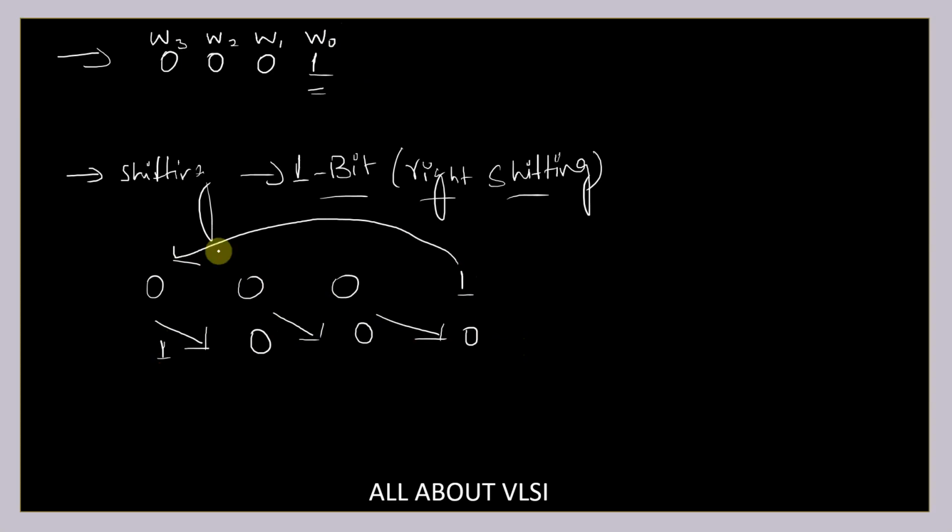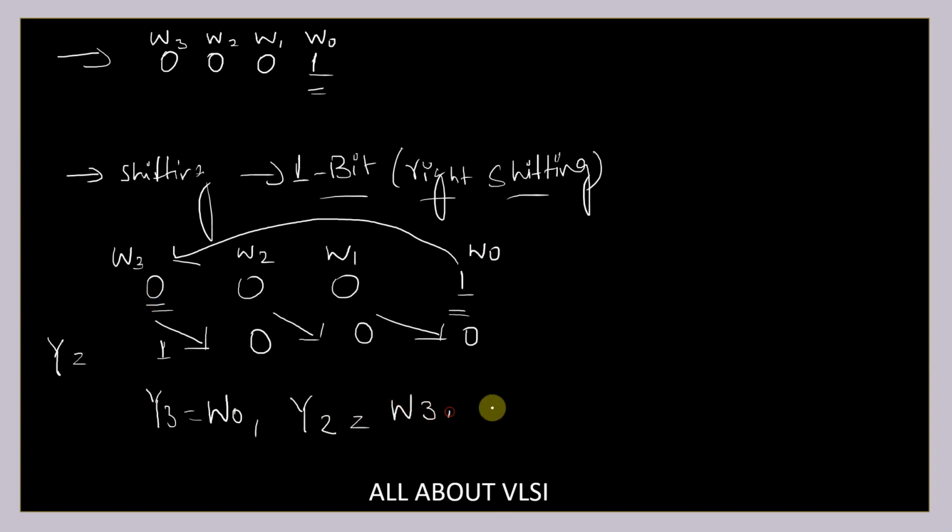If you carefully observe, this is W3, W2, W1, and W0, and let's say this is output Y, where Y3 is equal to W0, Y2 is equal to W3, Y1 is equal to W2, and Y0 is equal to W1.